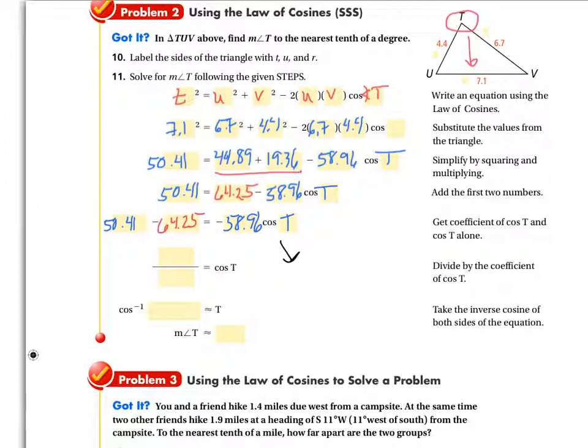So 50.41 minus 64.25 is negative 13.84 equals negative 58.96 cosine of T. Now how'd they get what they have over here? Yeah, they're going to divide both sides by negative 58.96.